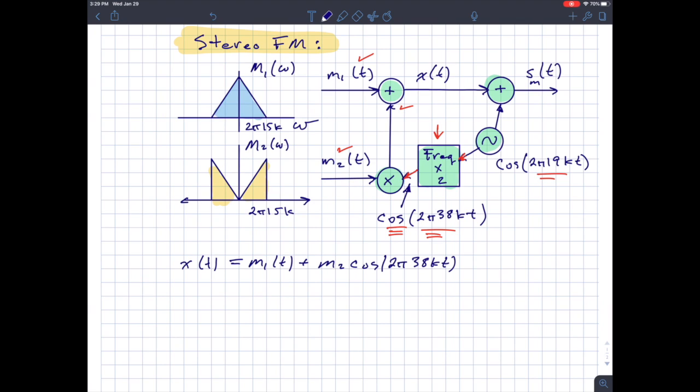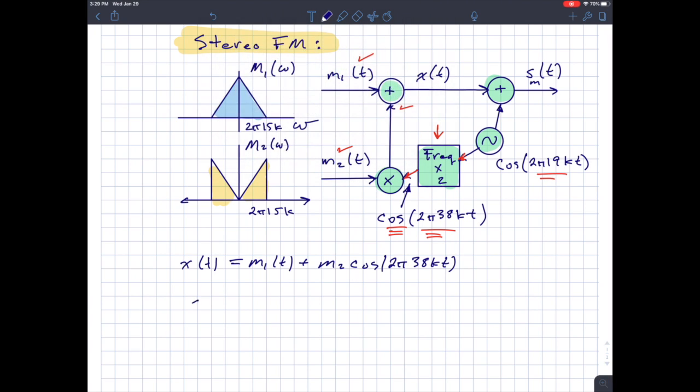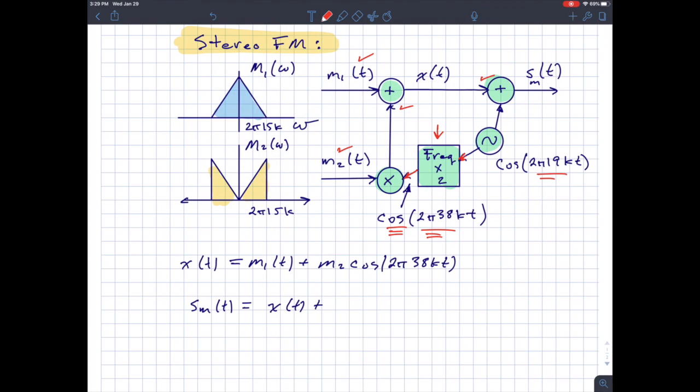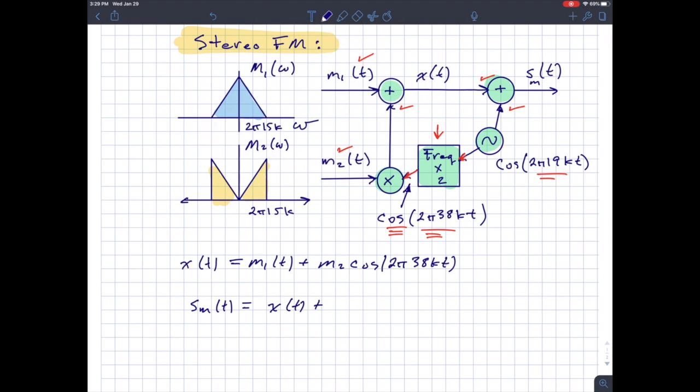That forms X, and then what we have for SM is X of t plus the 19 kilohertz carrier, so plus cosine 2 pi 19 kt.